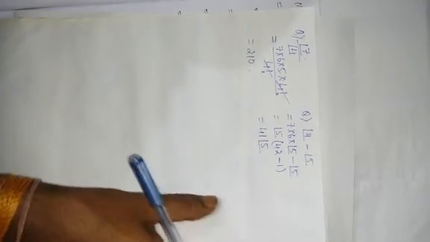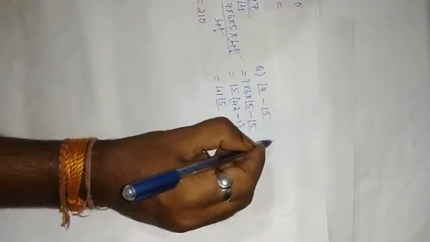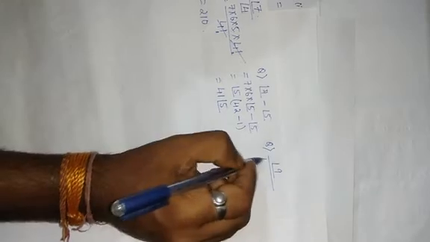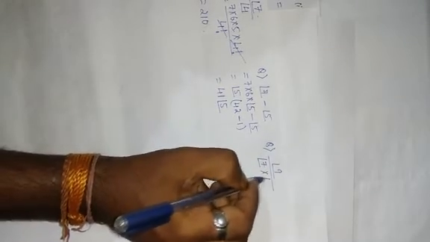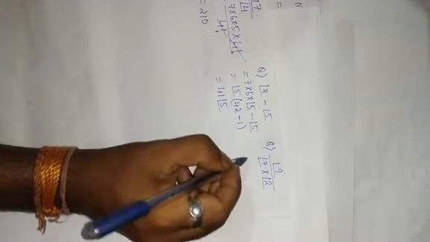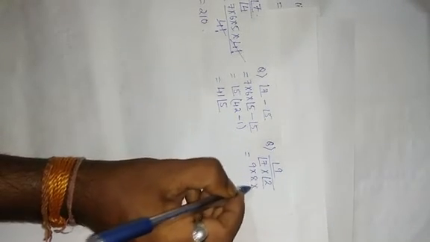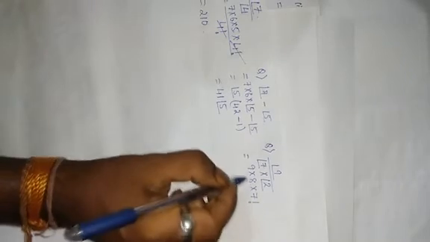Okay, let me take one more example on factorial notation. Factorial 9 divided by factorial 7 into factorial 2. Same way, factorial 9 can be written as 9 into 8 into 7 factorial.